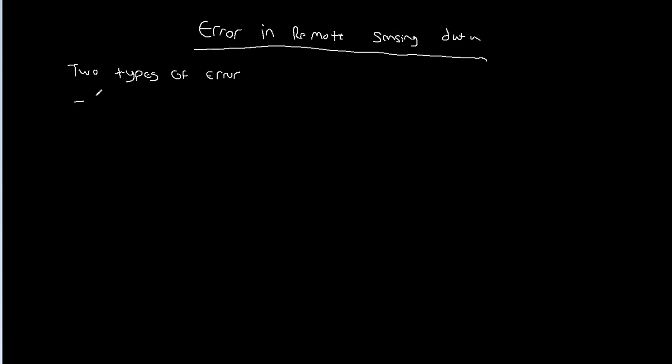We're going to talk about error in terms of radiometric. Radiometric error, so this is going to be errors in the pixel values. In terms of radiometric error, we're going to talk about sensor error.